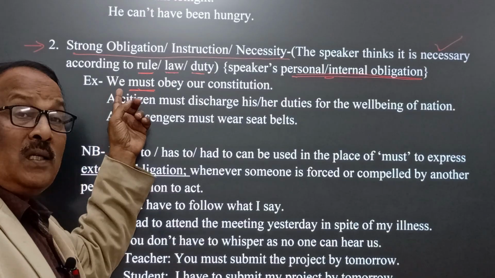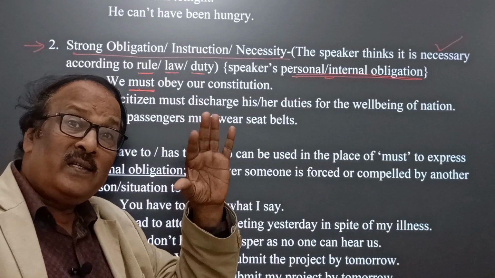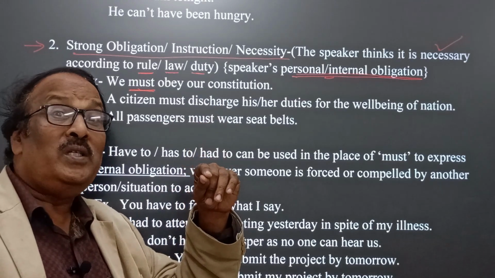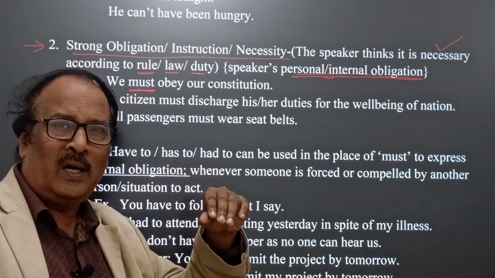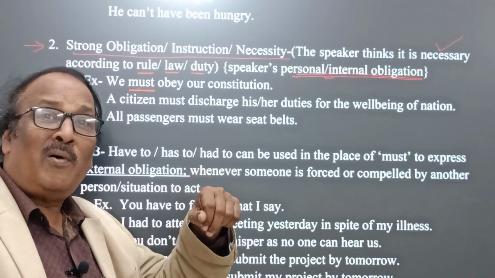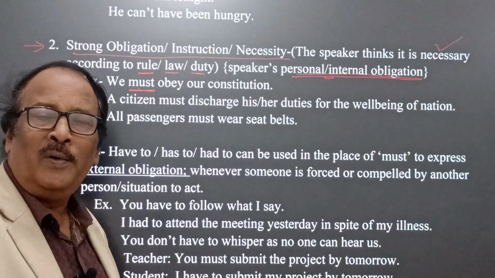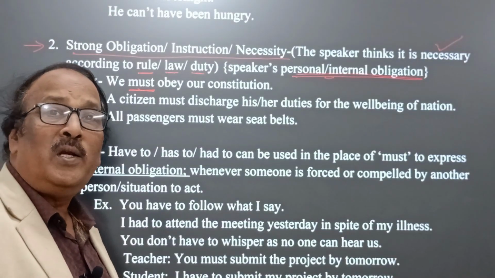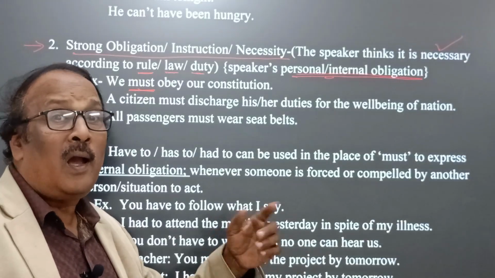Here the speaker feels that the constitution is a set of rules which are very essential for smooth governance of our government. The constitution is the key of our administrative system. Therefore, being a citizen of India, it is our moral duty to respect our constitution and act accordingly.